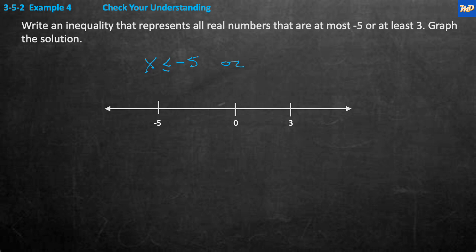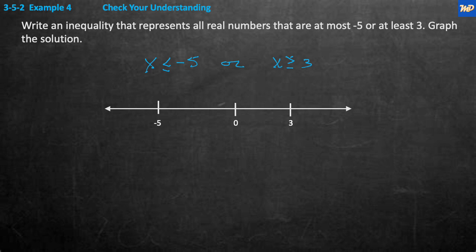Or at least 3. Least means x is the smallest, so x is greater than or equal to 3. So it's less than or equal to -5, or it's greater than or equal to 3.